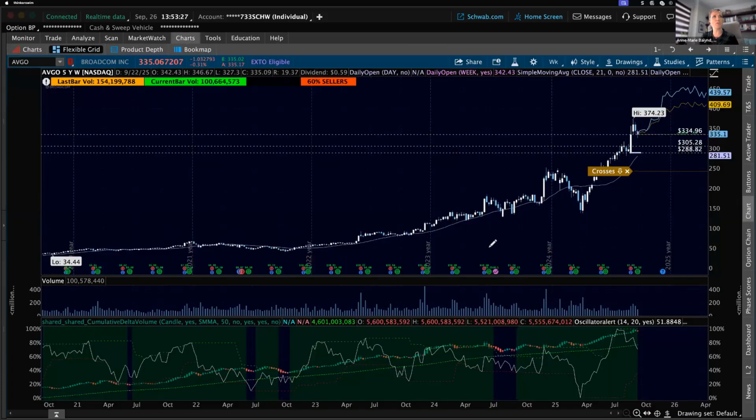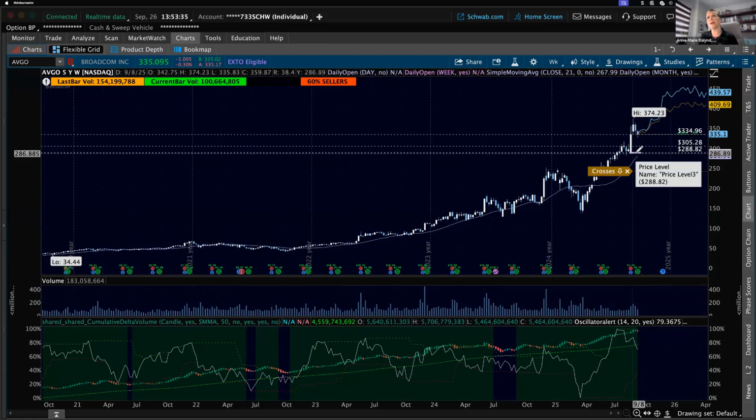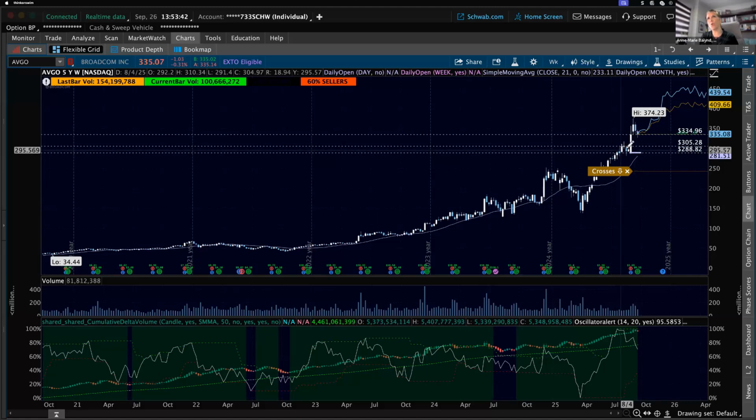The baseline support for Broadcom right now is about $288, somewhere around that. It was how the month opened, and we had 1, 2, 3, 4, 5, 6.5 weeks sitting in an inventory accumulation space.